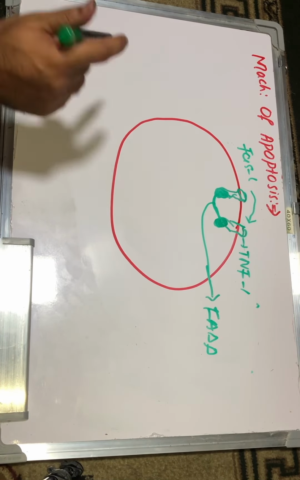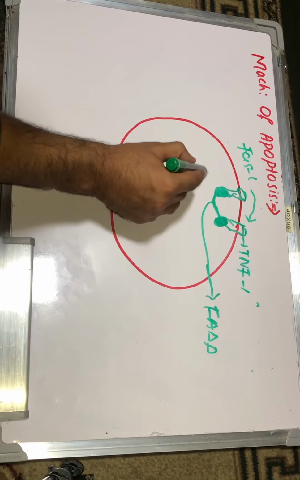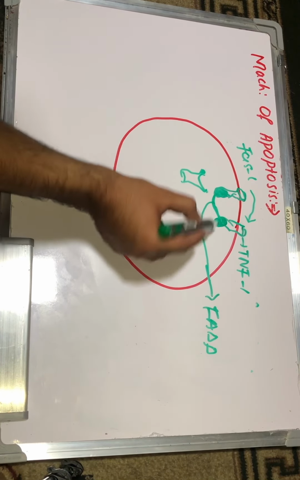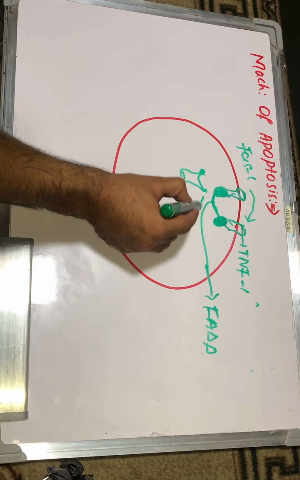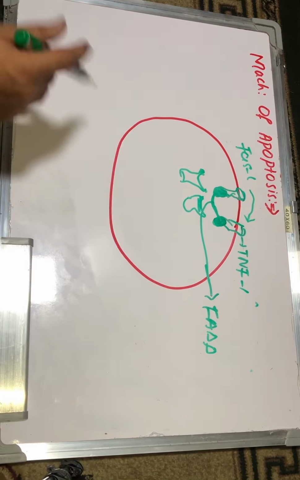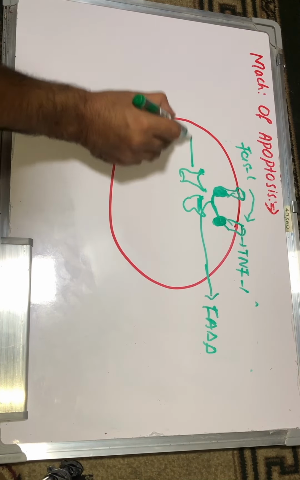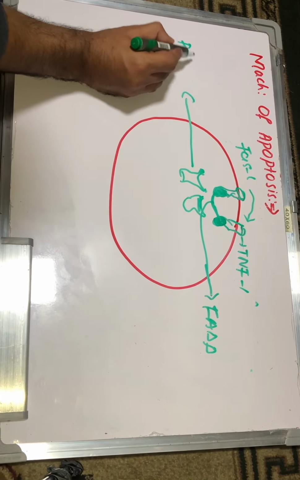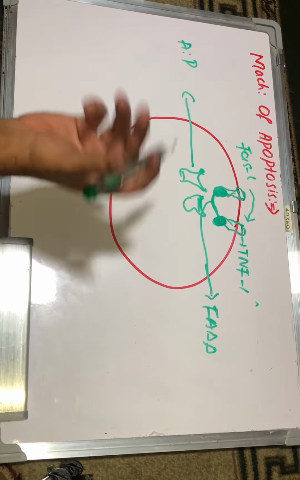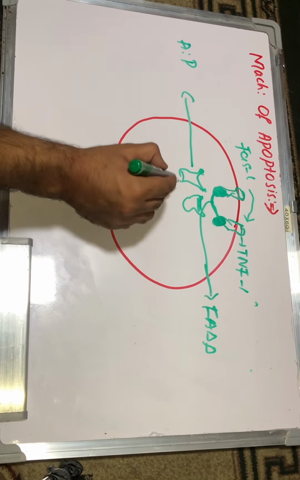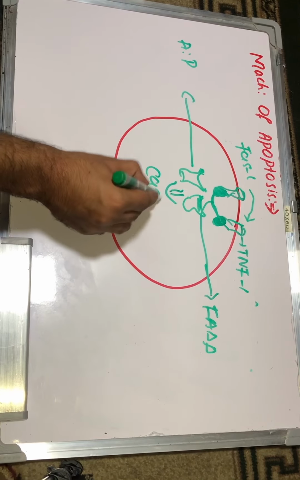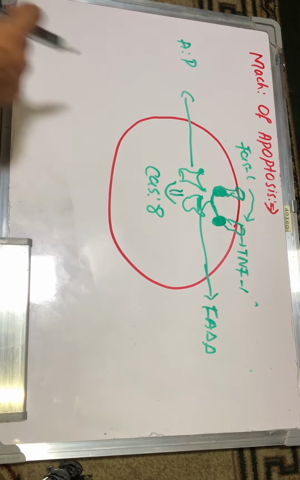When FADD is formed, another type of protein in the cell comes and binds to this cluster. These proteins are called adapter proteins. When adapter proteins bind the death domains of tumor necrosis factor 1, they activate caspase 8.